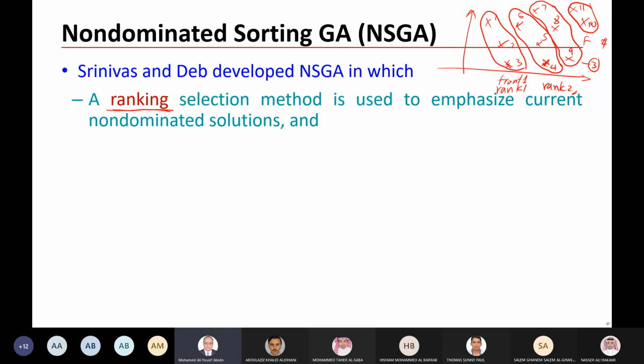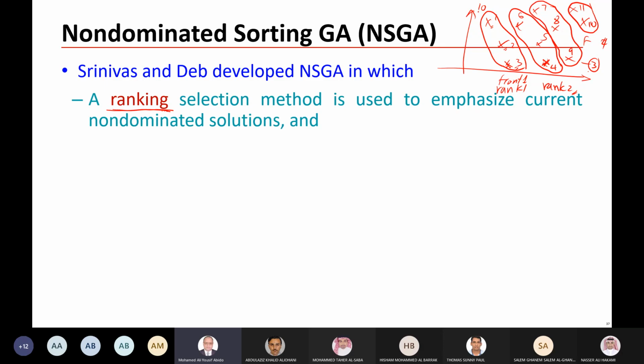So in order to identify the solutions that should be selected for mating, we can say the first front will be given a very high fitness, like 10. So the fitness of this solution is 10, and this is 10, and this is 10.